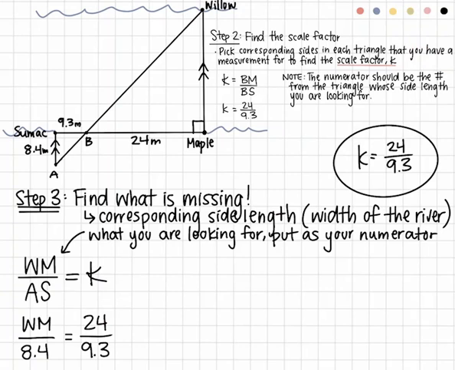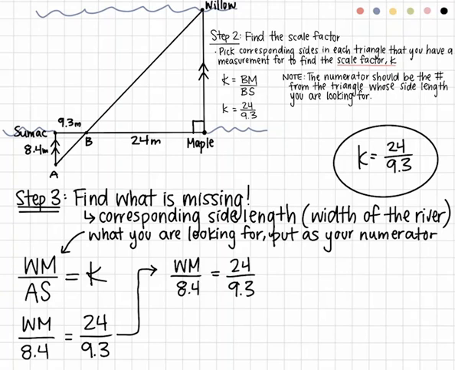Okay, so let's continue. I'll continue up here. I might just have to rewrite it. WM divided by 8.4 equals 24 divided by 9.3.